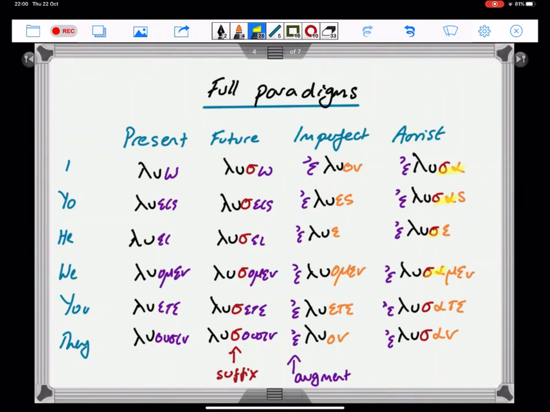It's just in that third person, it's eluse, you don't have the alpha, but everywhere else you've got the alpha. So sigma in the future, epsilon in the imperfect, and the epsilon and a sigma and almost certainly an alpha in the aorist. If you can remember those markers, you'll be able to recognise which tense it is, and once you know which tense it is, you'll see that the endings are actually relatively transferable.